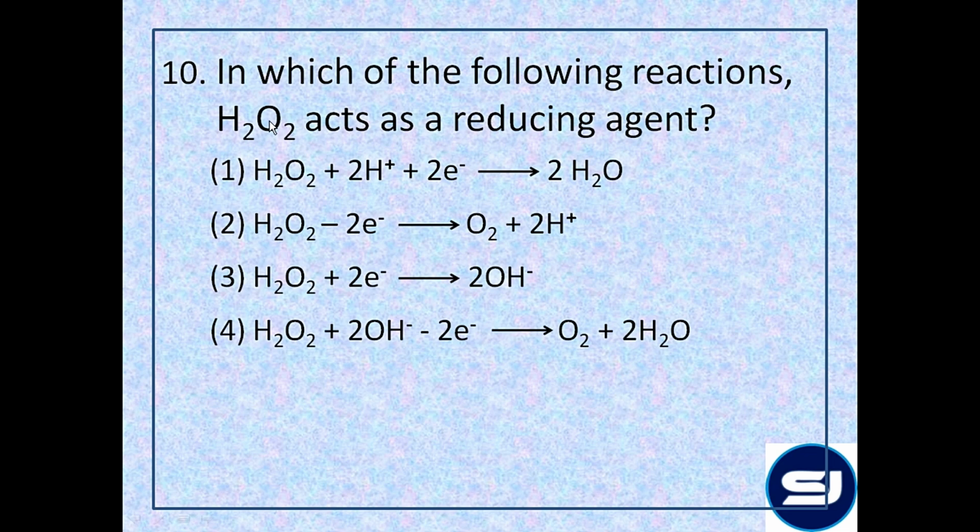So the -1 of peroxide would change to 0, meaning there will be liberation of O2 gas. So just out of the 4 reactions, the reaction which has O2 would be the answer, because in these reactions the peroxide undergoes oxidation and behaves as a reducing agent. So the answer is clearly option 2 and 4. That is option C.